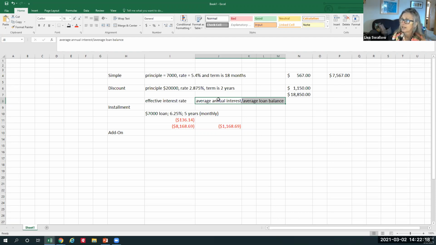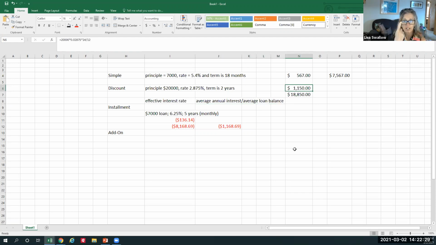Now, the average annual interest is whatever this number was that you figured, converted to 1 year. So if I paid $1,150 for 2 years, how do I get that down to 1 year? Yeah, divide by 2. So I divide by 2.